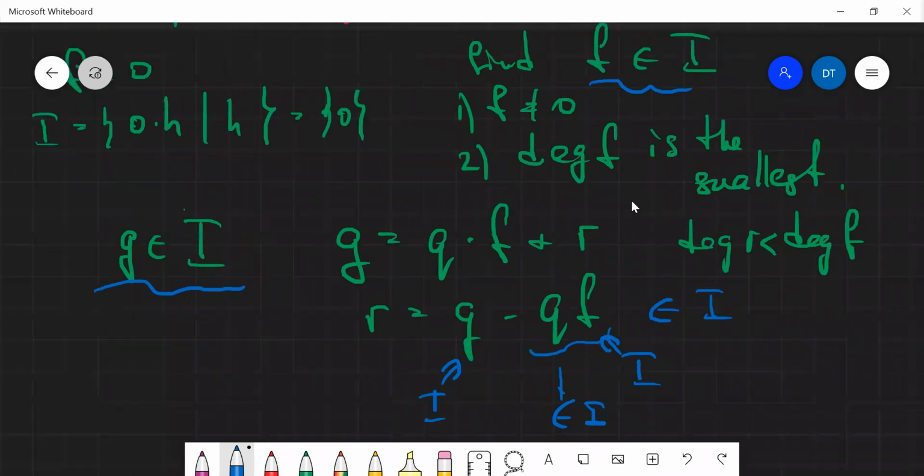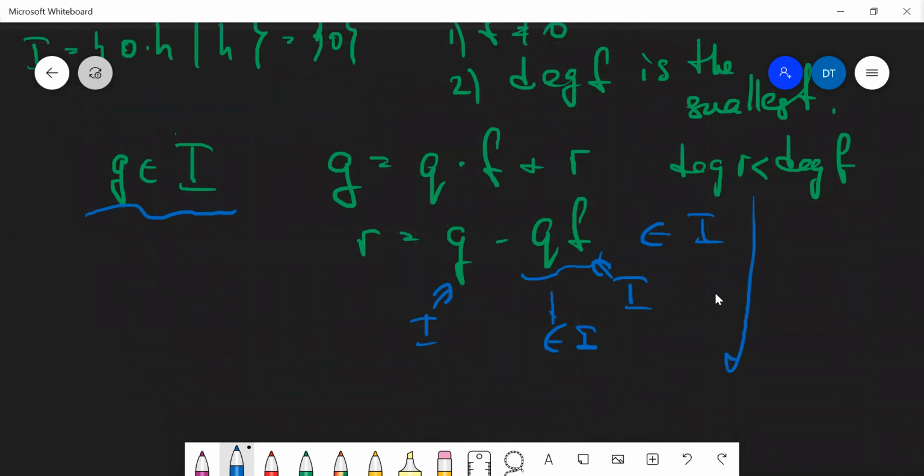But now we see that the degree of R is strictly smaller than the degree of F. But F was a non-zero polynomial with the smallest possible degree. So since R is also inside I and has strictly smaller degree, there is only one option.